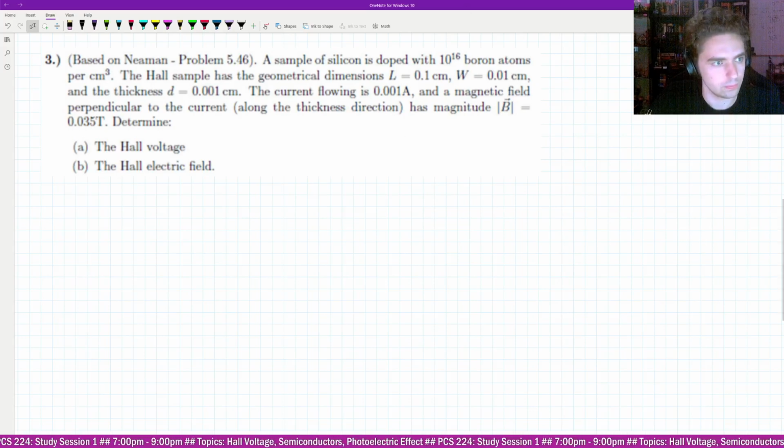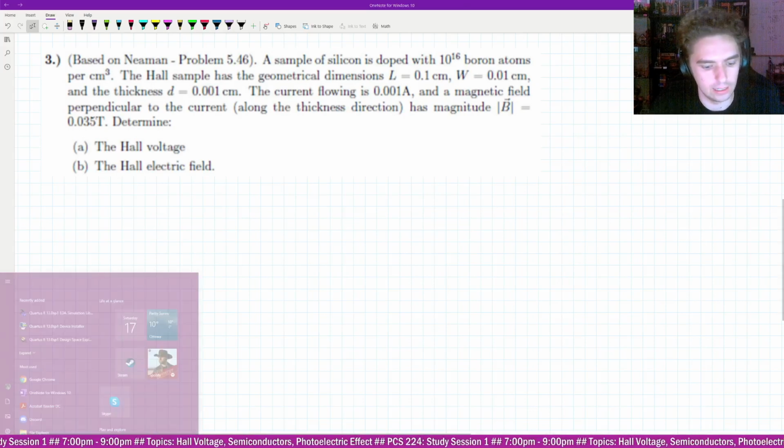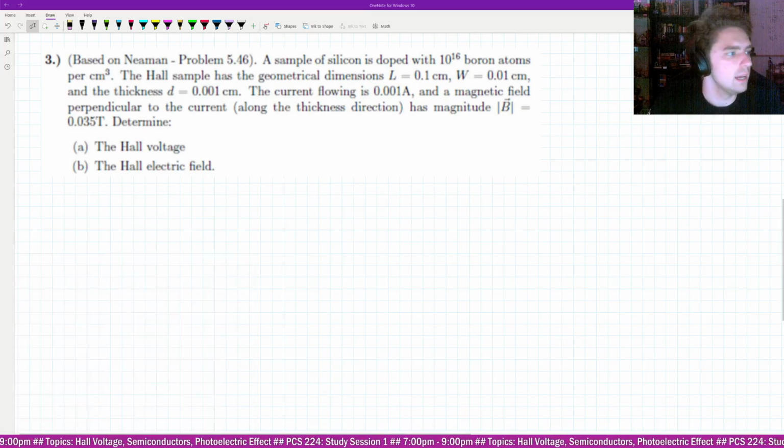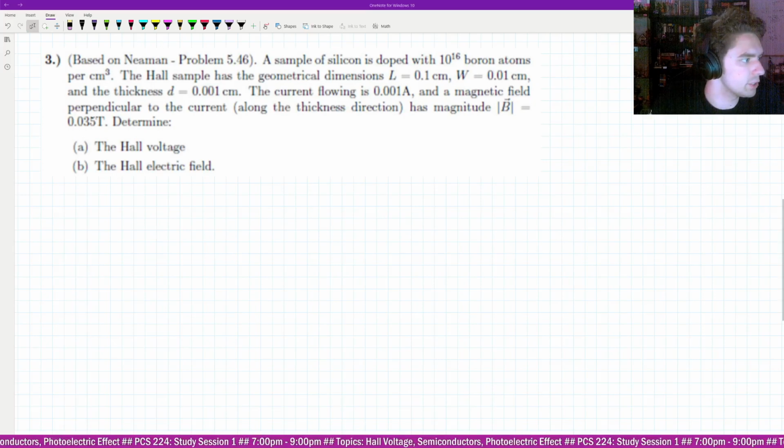So the first thing to note here is that we need a picture. There's a little prompt above, and it gives a picture that all these geometries are referring to: figure 5.13 from the Neaman book. So let's go to figure 5.13 from the Neaman book.